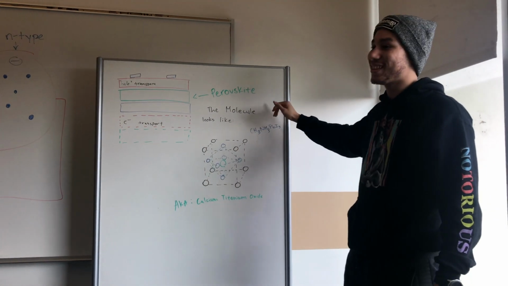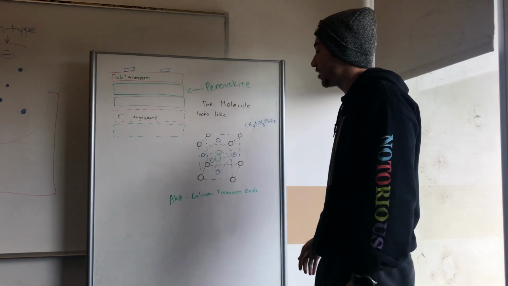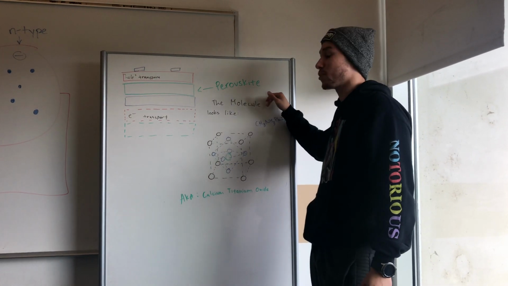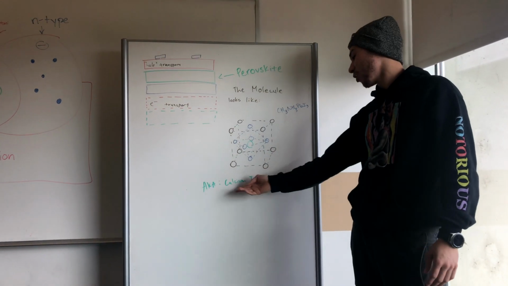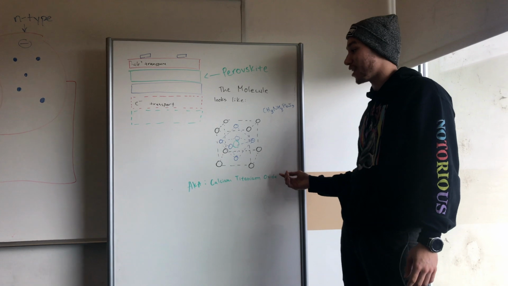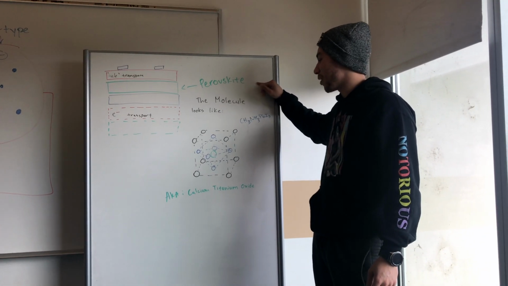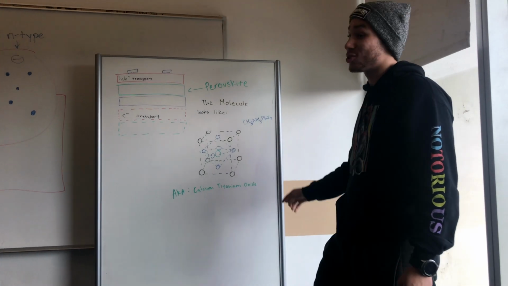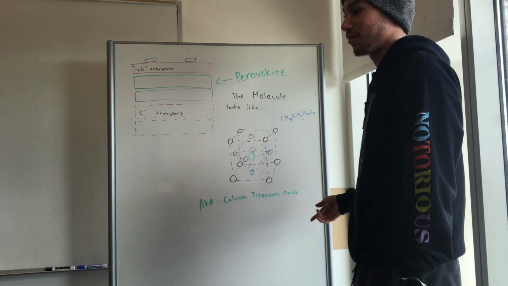And one key thing that we figured out is that the power conversion efficiency is better with this material as opposed to silicon due to its structure. It looks like this. We also know it as the calcium titanium oxide structure. Many perovskites used today use methylammonium lead triiodide. So that's it, right? I got everything?